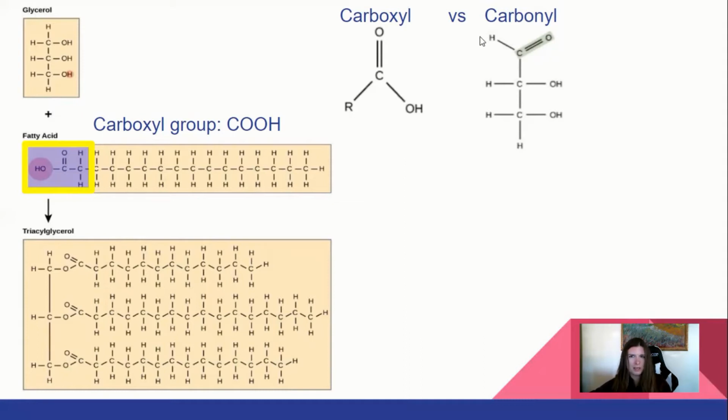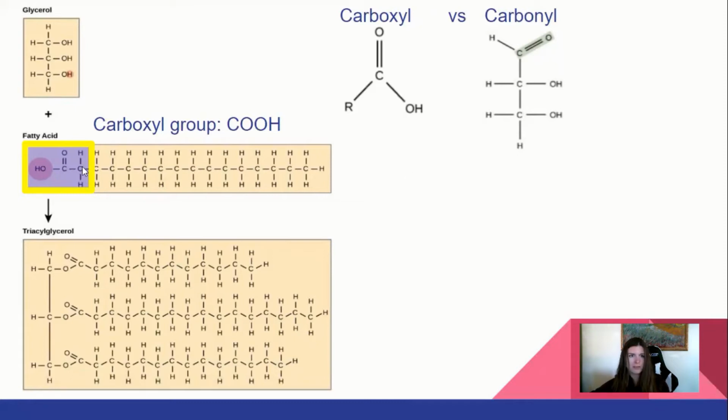And I highlight here in the top right corner that a carboxyl group is different than a carbonyl group. A carbonyl group was just a carbon double bonded to an oxygen. Here we have a separate word, carboxyl. Carboxyl tells us that we have this hydroxyl group in it.